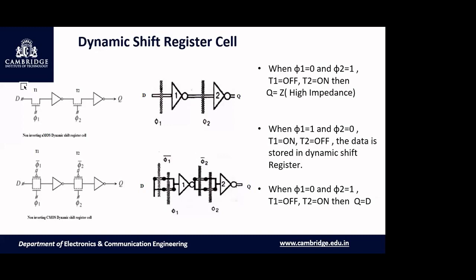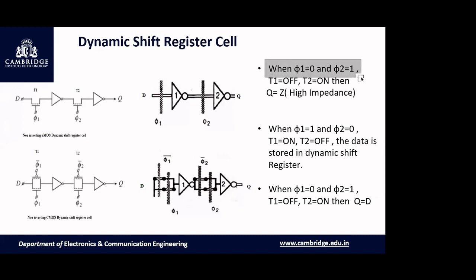Now we'll see how this dynamic shift register works. Last class I had explained this also, right? So here we'll use phi 1 and phi 2 clock.